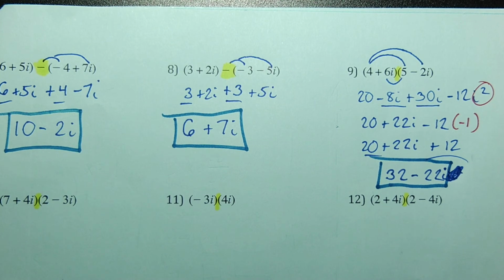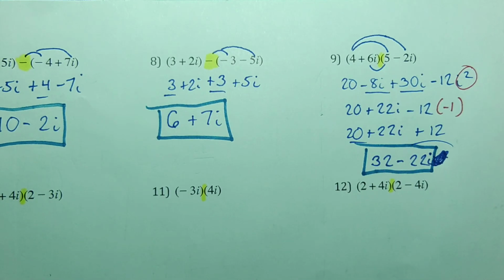Questions on the FOILing or the simplifying? That's gross looking. It's a minus 22i at the end.